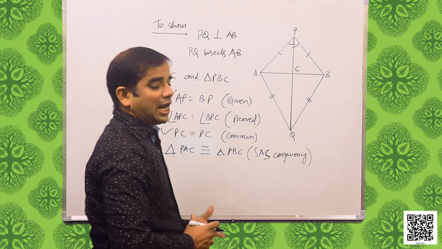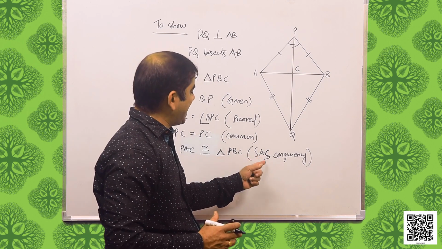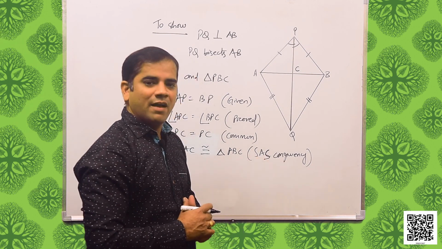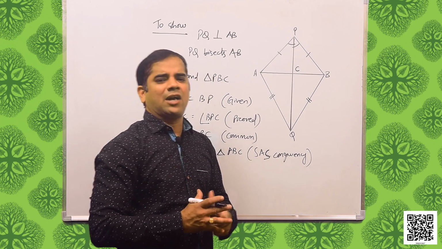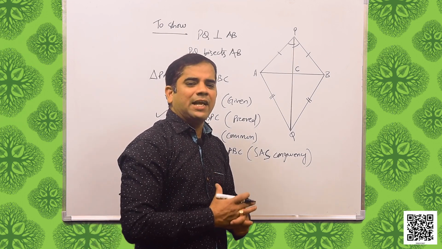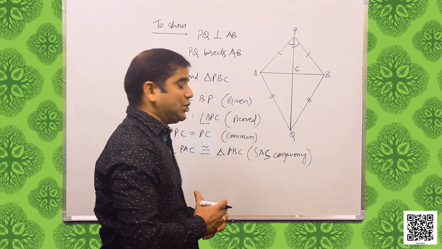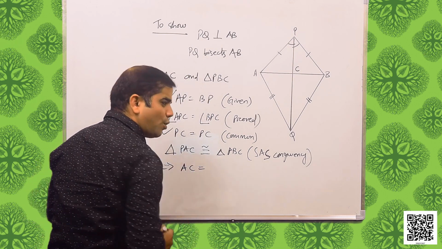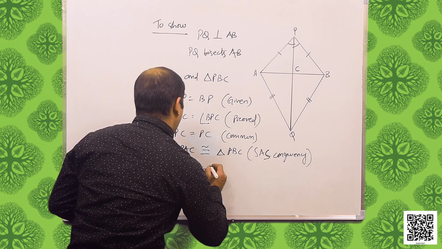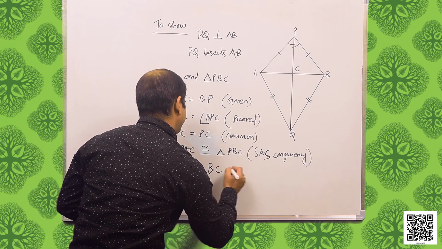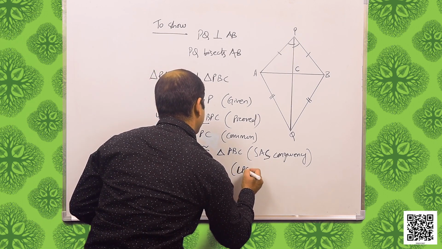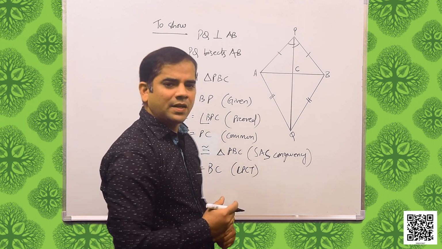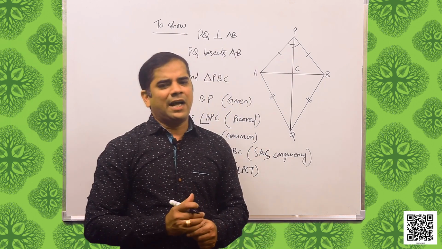As they are congruent, AC is equal to BC. Why? They are corresponding parts.